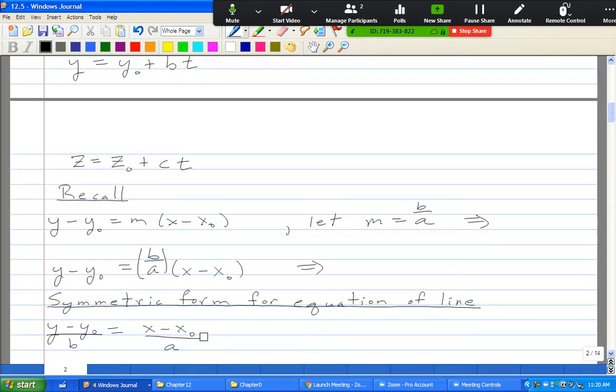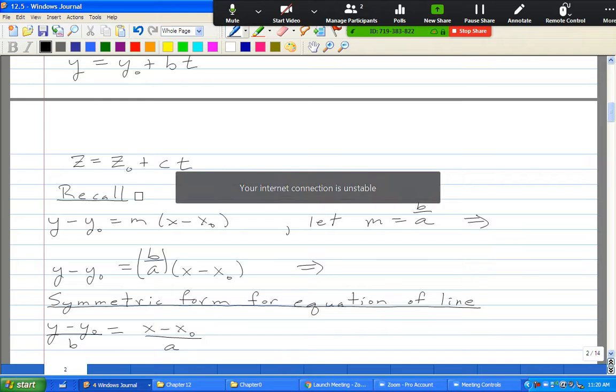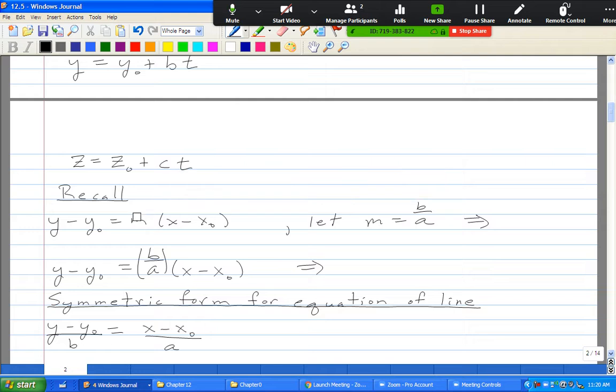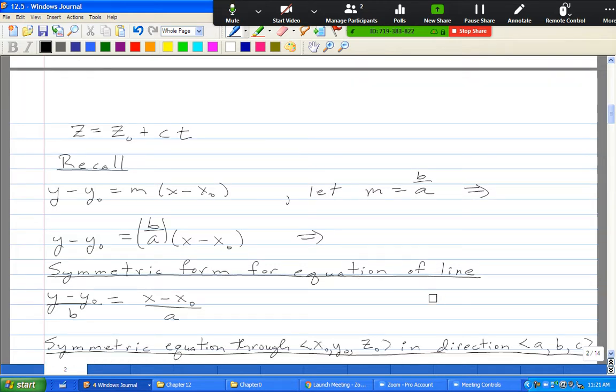Let's recall the symmetric form for the equation of a line. If you don't recall how to do that, suppose I just write down the point slope form for the equation of a line and replace m here by b over a. Then if I divide both sides of my equation by b, I get the symmetric form for the equation of a line, y minus y0 over b equaling x minus x0 over a.